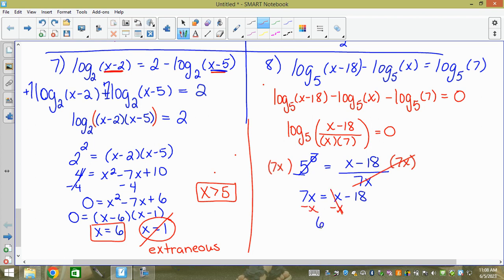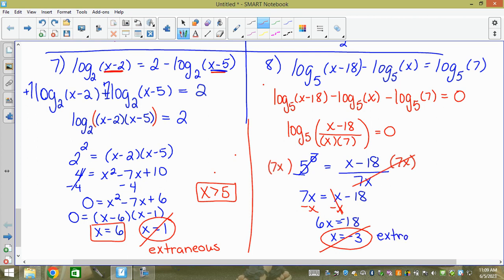X equals negative 18, so x equals negative 3. And then I have to check it. Negative 3 minus 18. So I circle it, I put a line through it, and I say extraneous.